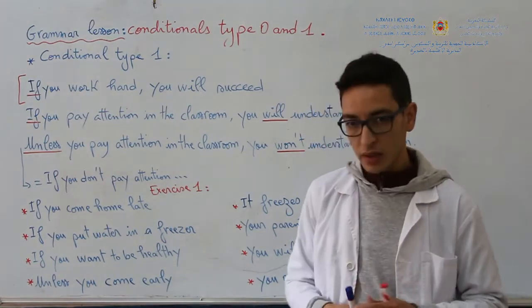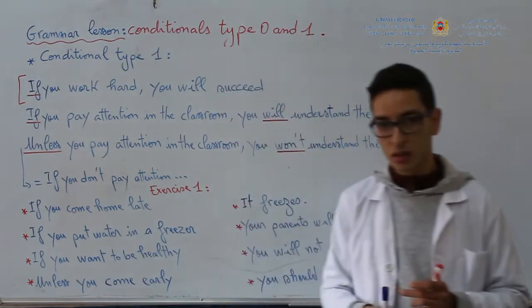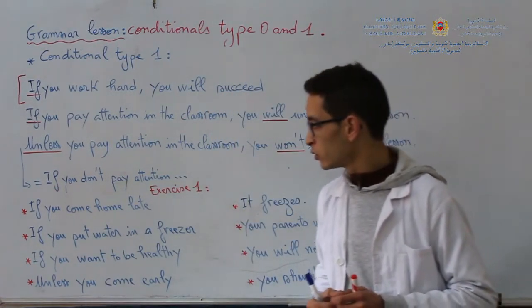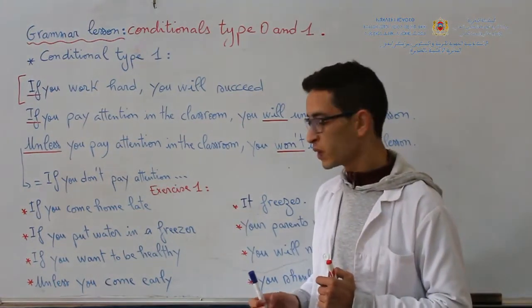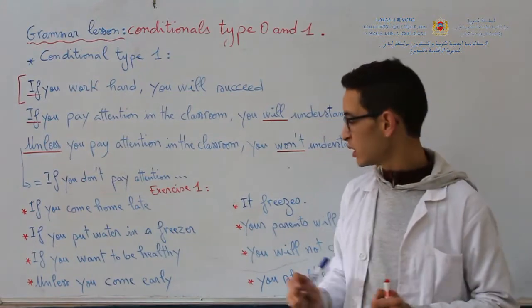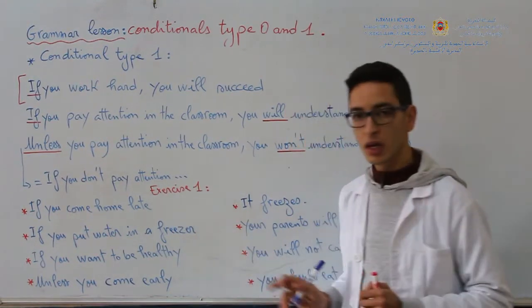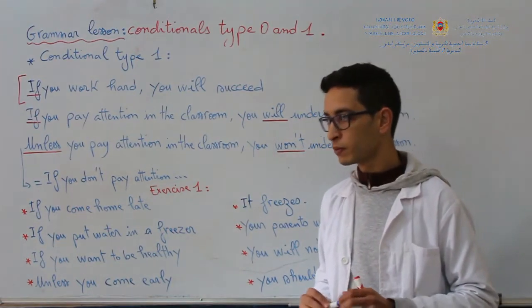So I hope that the lesson is clear for everyone. To make sure the lesson is understood by everybody, please pause the video just for a moment until you do this exercise, and after that we will see the correction.